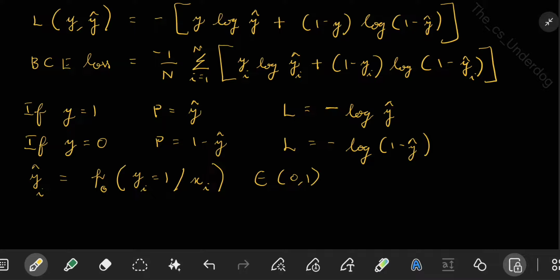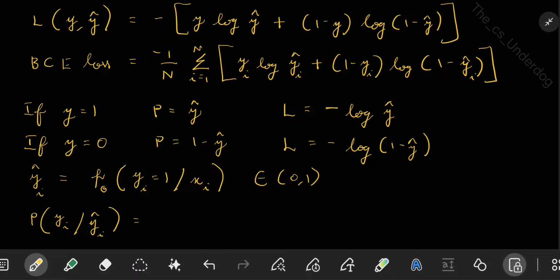So for a Bernoulli variable which is having this parameter yi cap, the probability mass function, how will you write it? This is the most important part here. So you can write it as P of yi given yi cap.